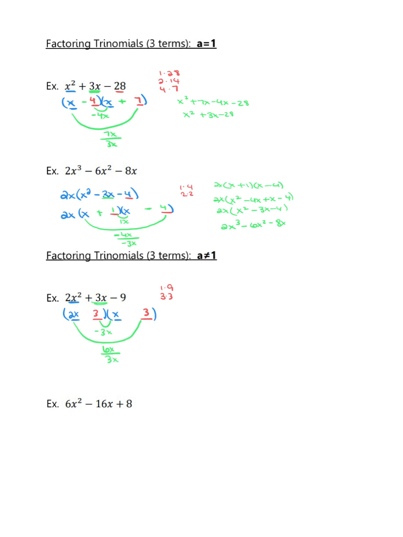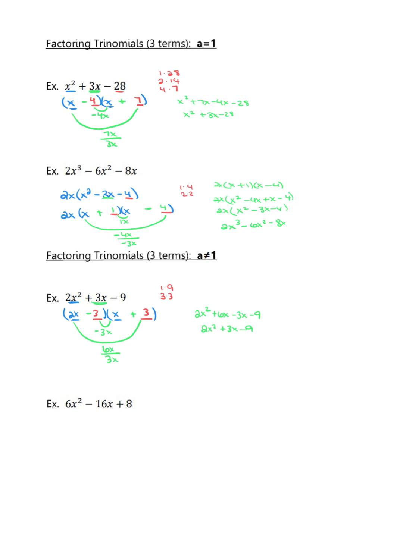So negative 3x plus 6x is 3x. And then you can multiply them back together to check. 2x times x is 2x squared. 2x times 3 is 6x. Negative 3 times x, negative 9. And it matches the original.